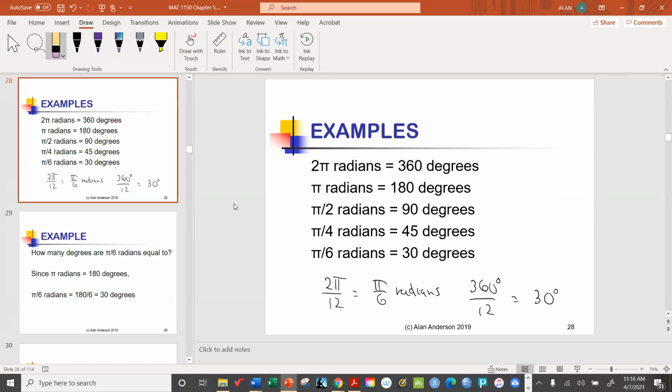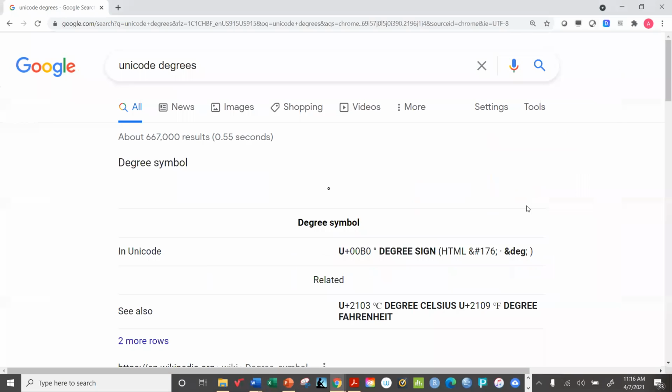Let's try, how about 3/2 pi? No, that's 180 degrees. 5/4, what is that? All right, good, 225 degrees.